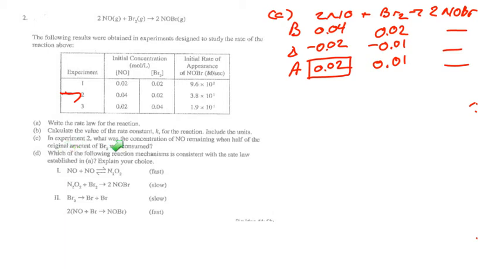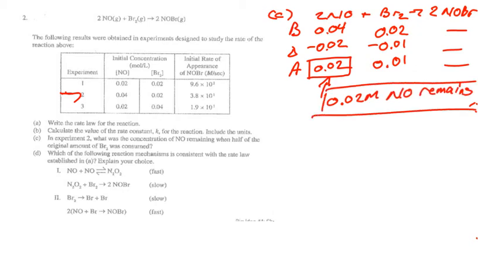In experiment 2, what was the concentration of NO remaining when half of the original amount of bromine was consumed? So yep, I think 0.02 is going to be the answer. We should check our sig figs, but everything else that we've used up above was the same, so I think that's the answer. I want to say 0.02 molar NO remains. Get units on it, get the sig figs, box your answer, and you should be good.